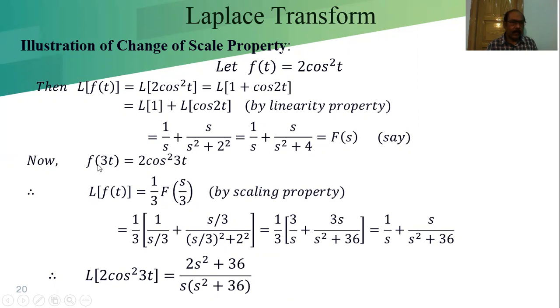Now we want to find out the Laplace transformation of 2 cos square 3t. This is the change of scale. That means t is multiplied by 3. Then what would be the Laplace transformation of that? We know Laplace transformation of ft, this new ft equal to 1/3 fs by 3.